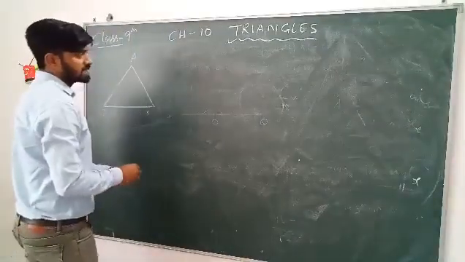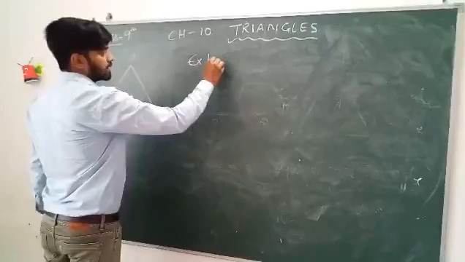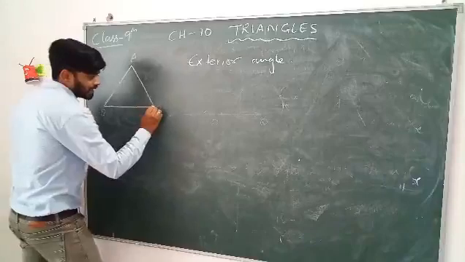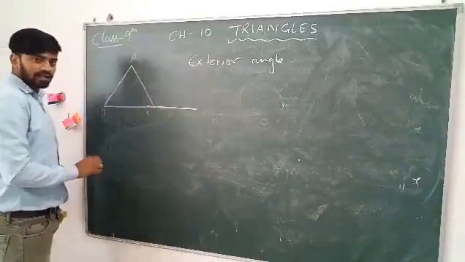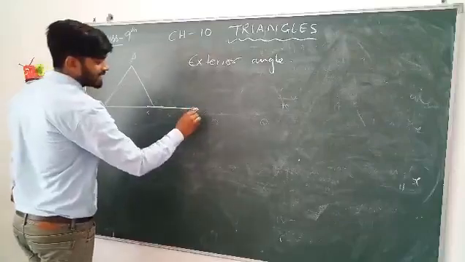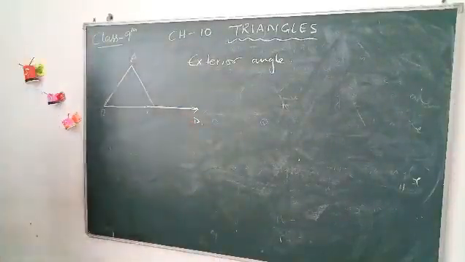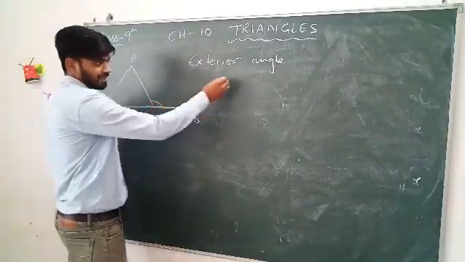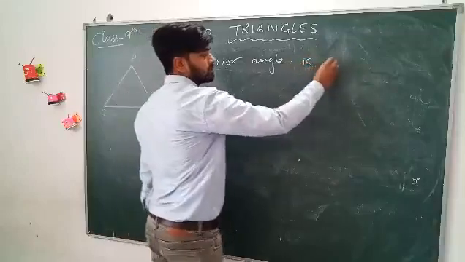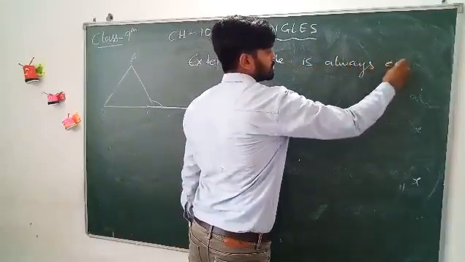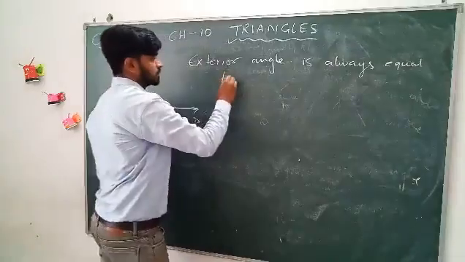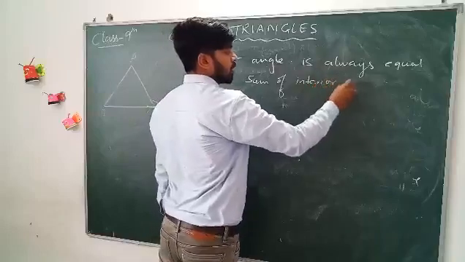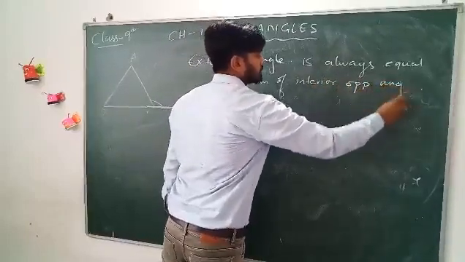Okay. The other thing that I want you guys to understand is a theorem on exterior angle. Now this is the exterior angle. See, this angle is the exterior angle, and let's name this D. The book says that the exterior angle is always equal to the sum of interior opposite angles.